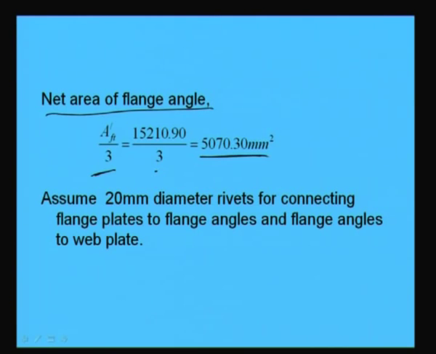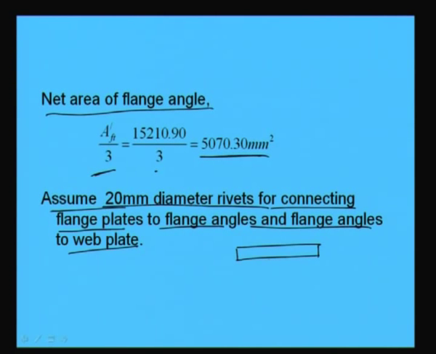So, assuming 20 mm diameter of rivets for connecting flange plates to flange angles and flange angles to web plate. That means, if we see, this is the flange and this is the web.